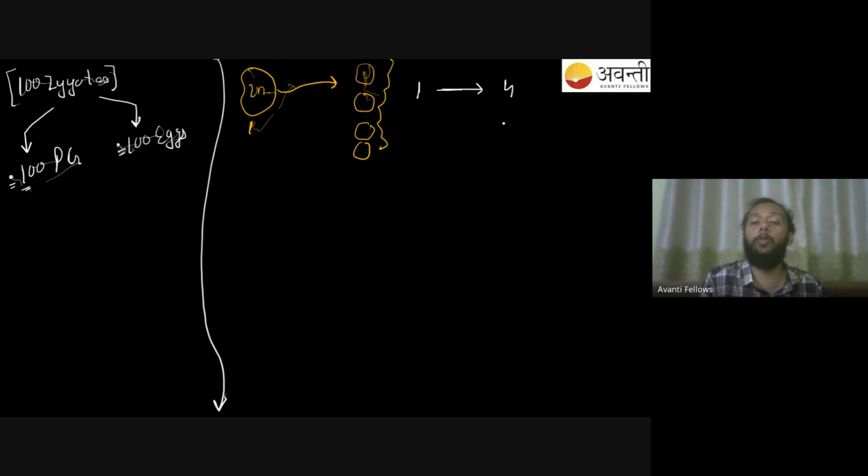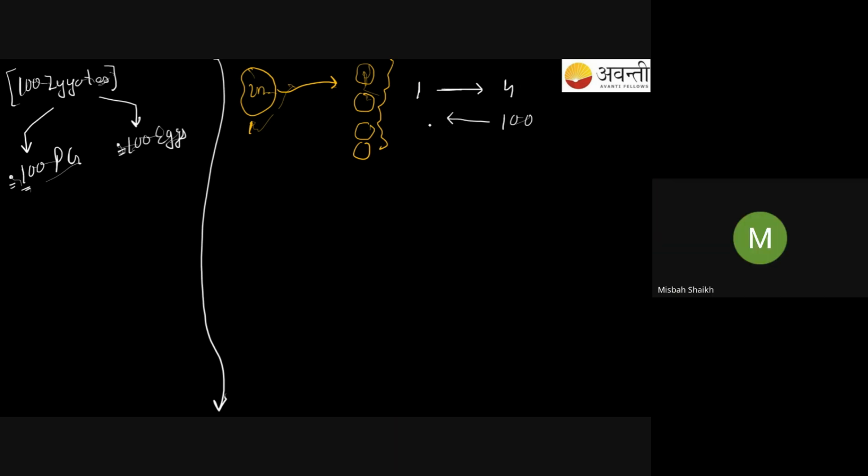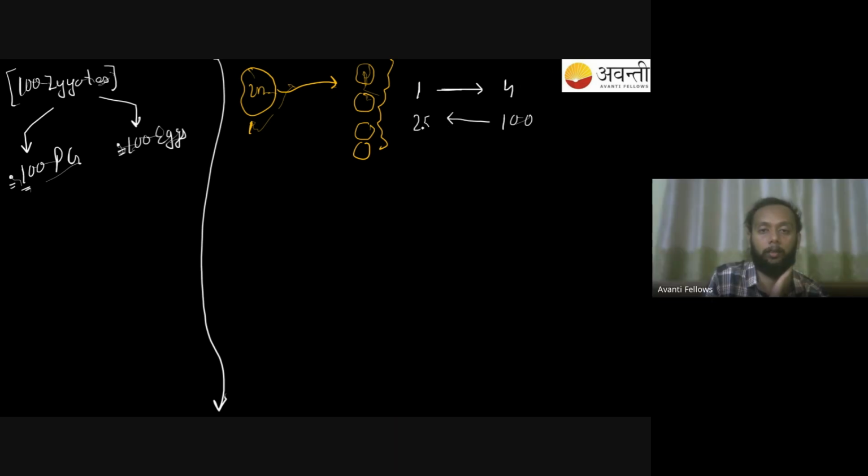So if I now want to have 100 pollen grains, तो मुझे कितने टाइम करना पड़ेगा meiosis? बताओ मुझे. 25. ठीक है. So 25 times जब मैं meiosis करूंगा, I will have my 100 pollen grains formed.